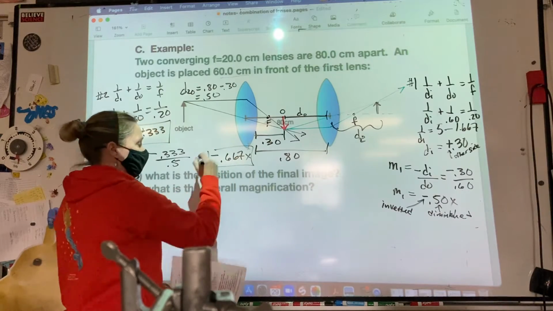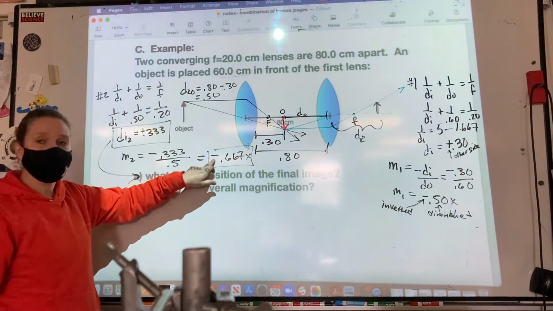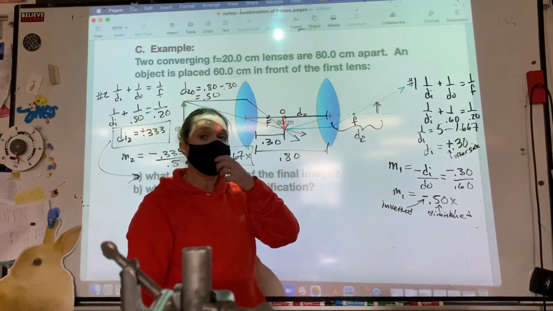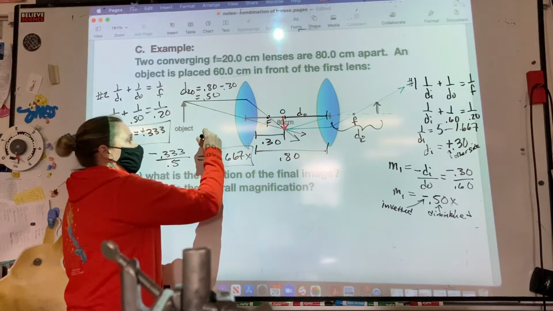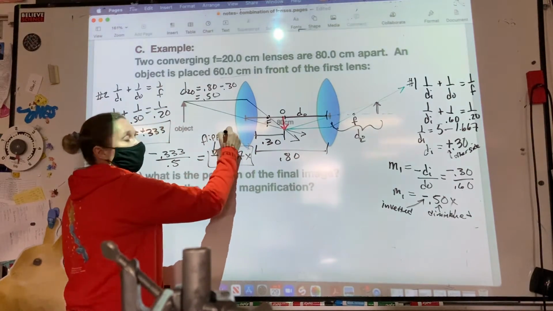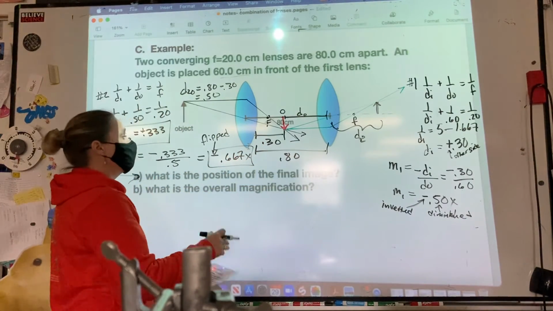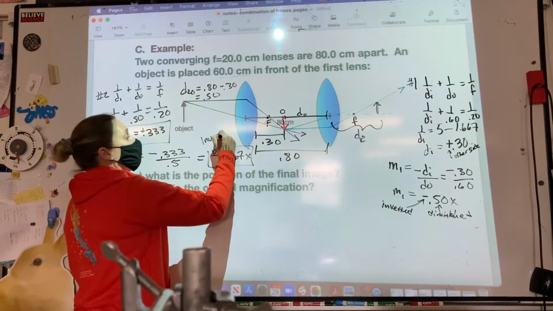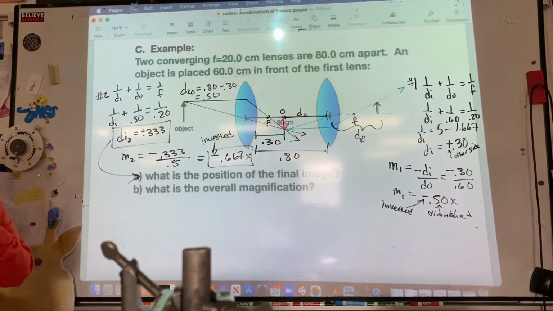Now, what people aren't going to like is, Miss Jones, it's negative, but it's upright. You lied. But it started upside down, so this negative just tells you it flipped from the inverted position. It's still inverted. The image is inverted relative to your object, but it's just not upside down.